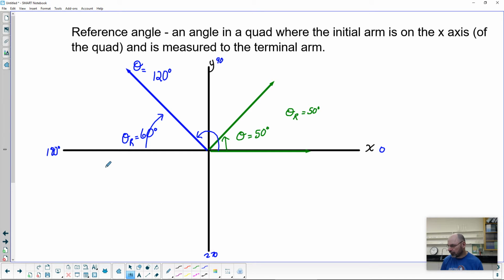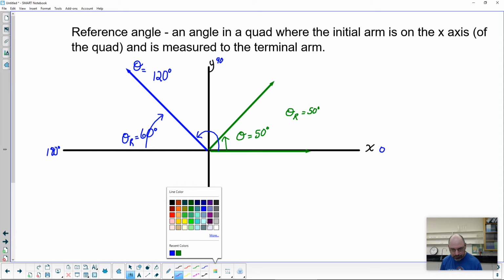Okay, a reference angle in the third quadrant. If we do one in the third, why not? Let's actually draw it here.